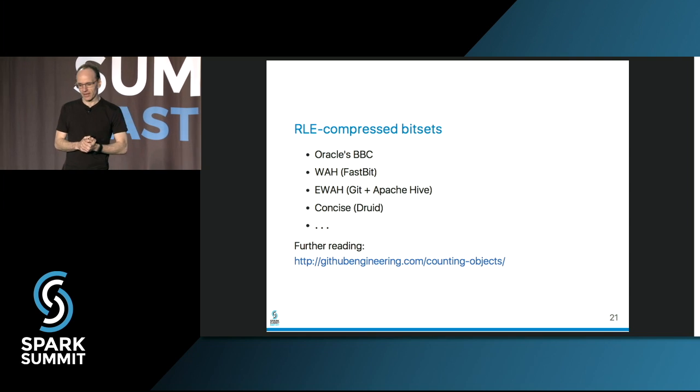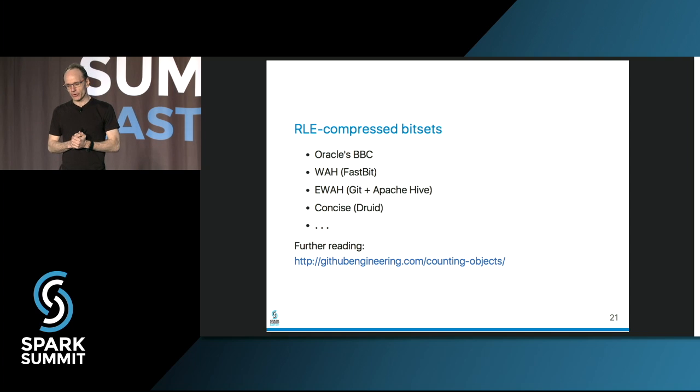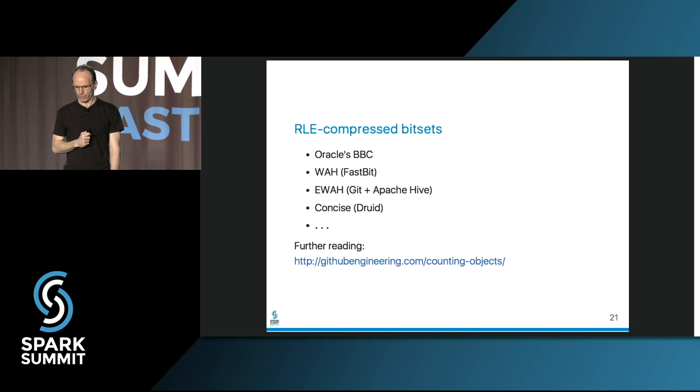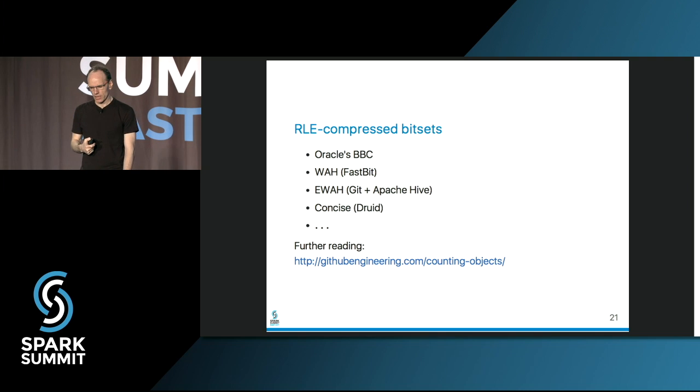They use Git, and you should know that it's using compressed bit sets with run length encoding to accelerate its queries. I give the hyperlink here to the technical blog post that describes how it was done and why it was done to accelerate the queries. Apache Hive also uses those, and so forth.